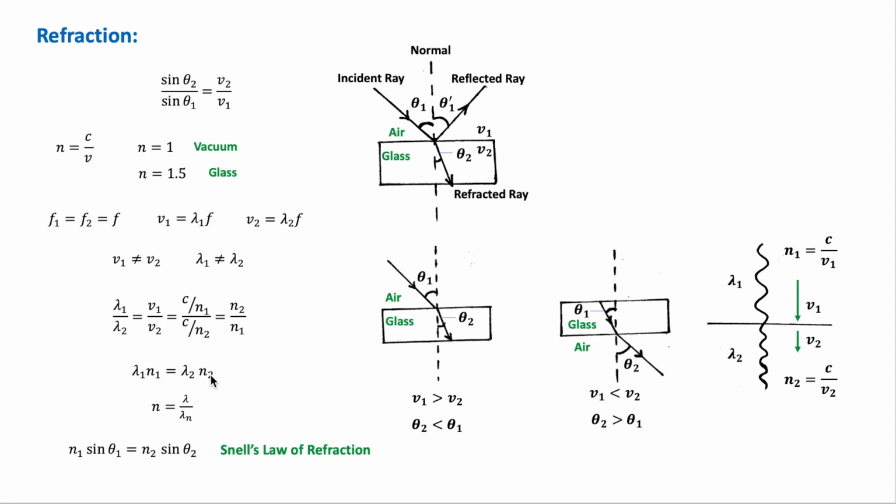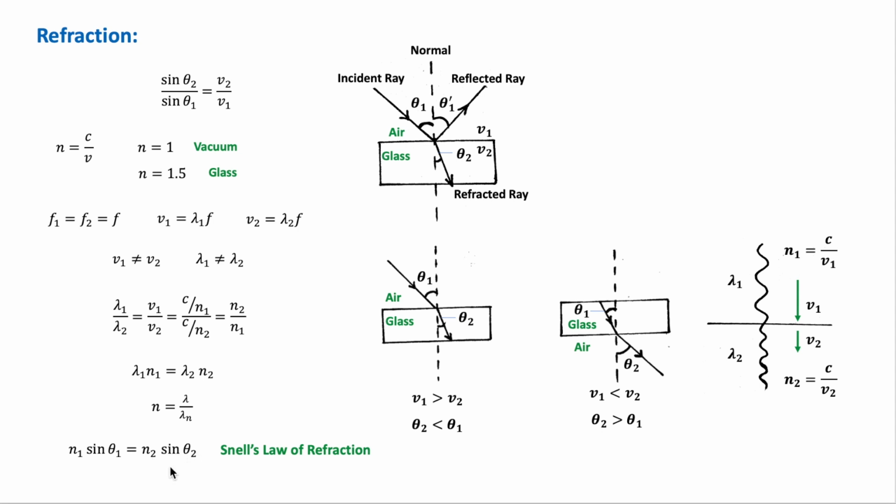So the index of refraction of any medium is given by n is equal to lambda over lambda n, where lambda is the wavelength in vacuum and lambda n is the wavelength in the medium. So we have, using the previous equation here, n1 sine theta 1 is equal to n2 sine theta 2.